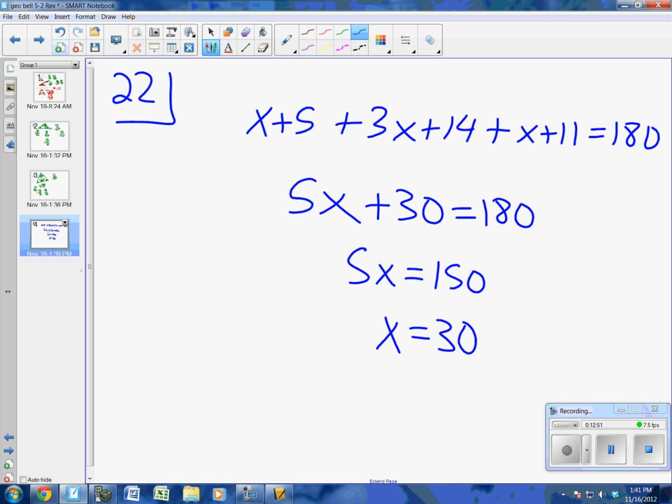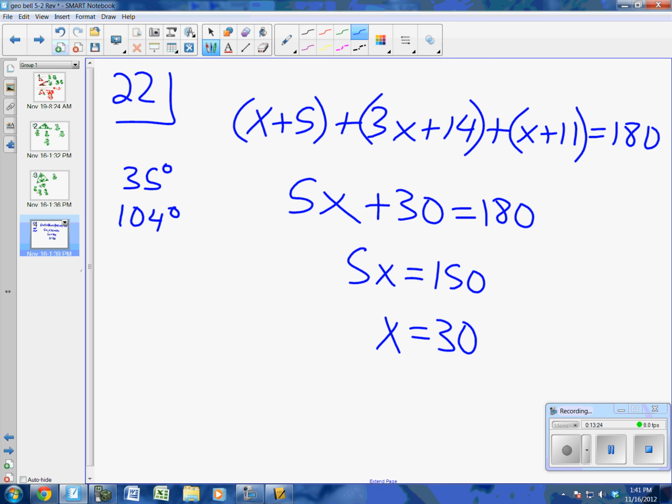We've got these. What are my three angles? How do I get them? 30. Okay, well, this is one angle, right? This is another angle. And this is another one, right? So one of my angles is 30 plus 5, which is 35 degrees. Another one of my angles is 3 times 30 plus 14. What's 3 times 30? 90 plus 14 is 104.